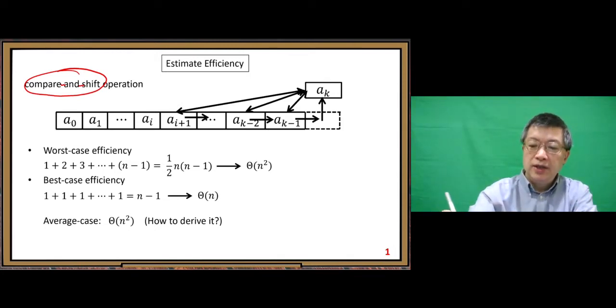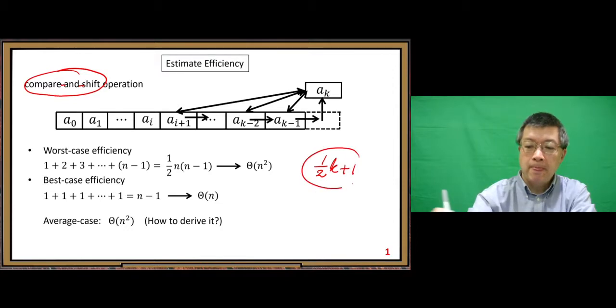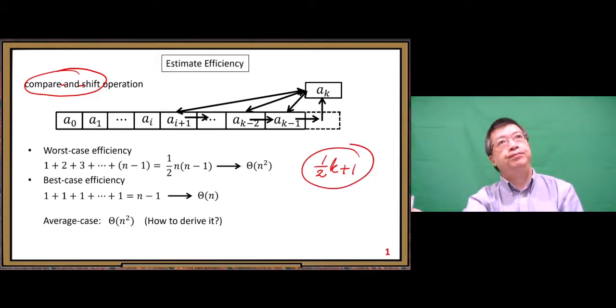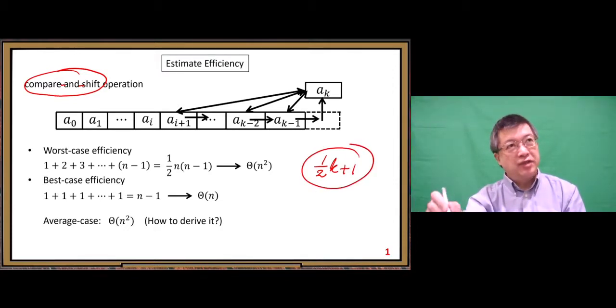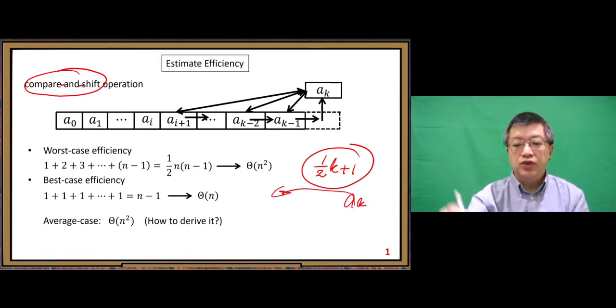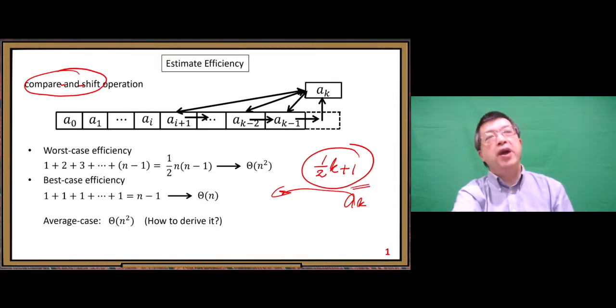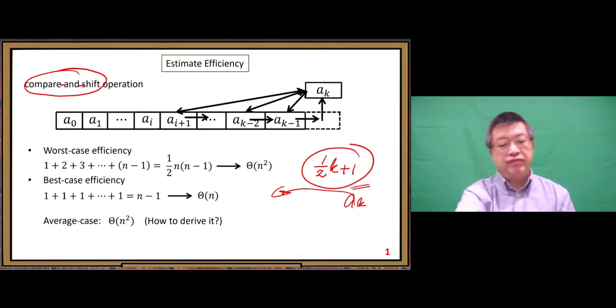Although we use an approximate number, it's a good approximation: 1/2 times k plus 1. That's for each insertion step. When we insert a k into the current sorted array, we need this many operations on average.